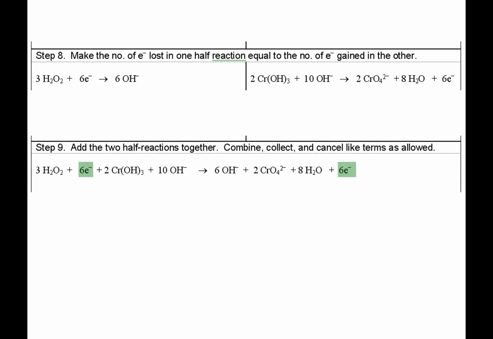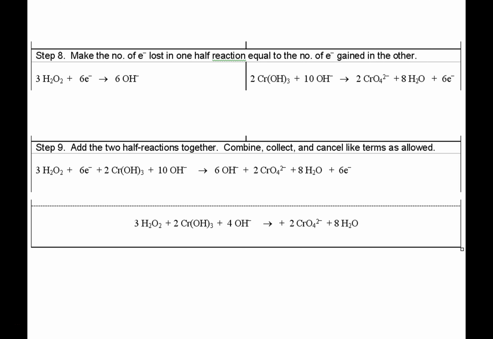So then we're ready to combine them, and of course our electrons will cancel, along with hopefully something else. So electrons cancel, and what else cancels? Actually, hydroxides, we have 10 and 6, so it looks like the reactant side wins out with 4. And this is our balanced equation.